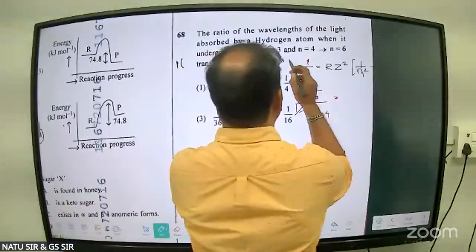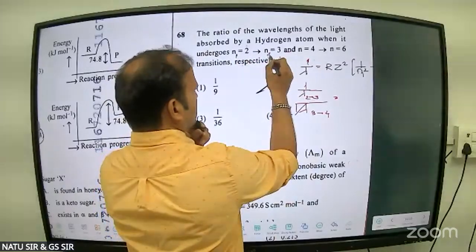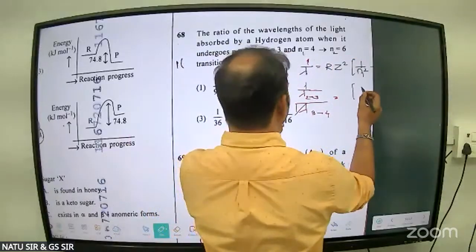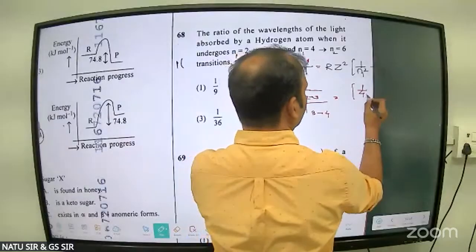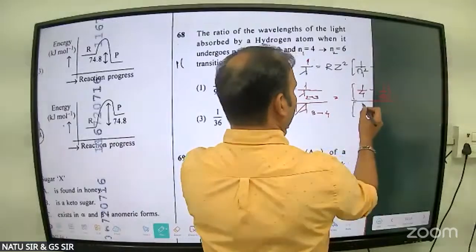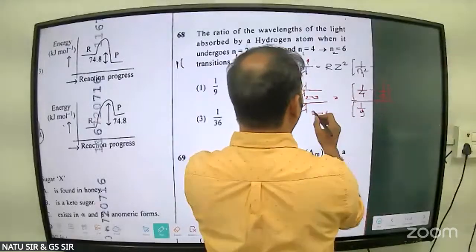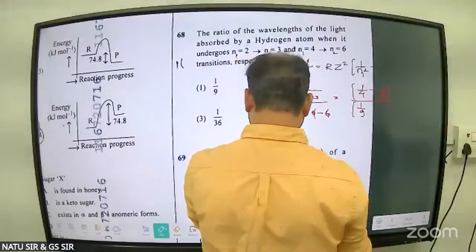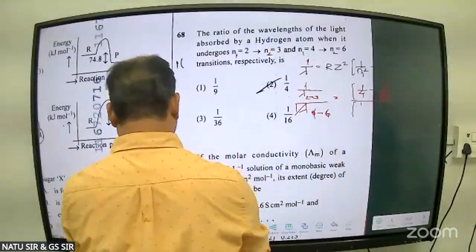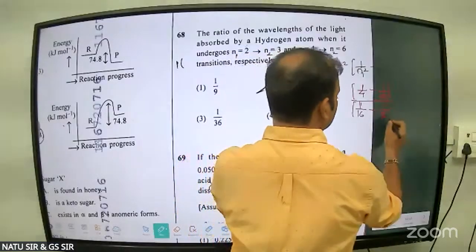So we will get a ratio. 2 to 3 में n1 is going to be 2 and n2 is equal to 3; here n1 is equal to 4 and n2 is equal to 6. So I'm directly subtracting the values: 1 upon n1 square is 1 upon 4 minus 1 upon 9. Then here, sorry, it is 4 to 6, so 1 upon 16 minus 1 upon 36.